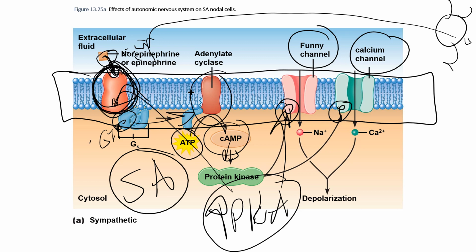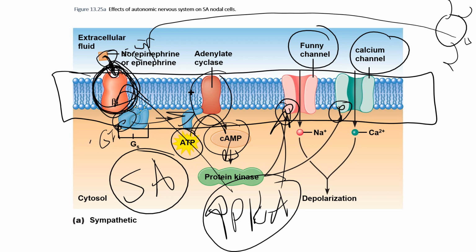But what will happen is, if PKA starts phosphorylating certain funny channels, it'll cause them to open up at more positive potentials, basically. If you don't want to try to understand any of that, it's okay, because you could just realize that at -60, there will be a lot more funny channels open than there typically is.